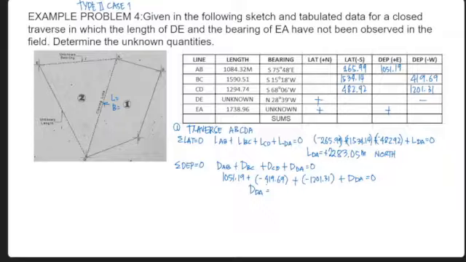So, 569.81 meter. So, positive, therefore, east. So, kung titignan nyo sa figure natin, nasa east naman talaga siya, no?